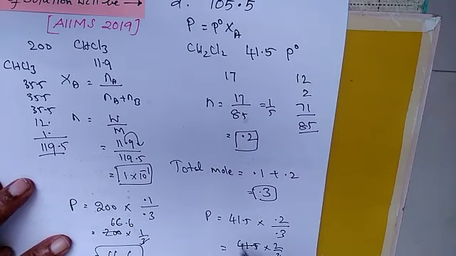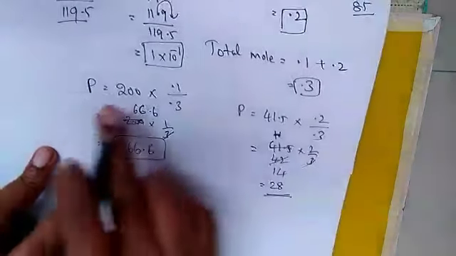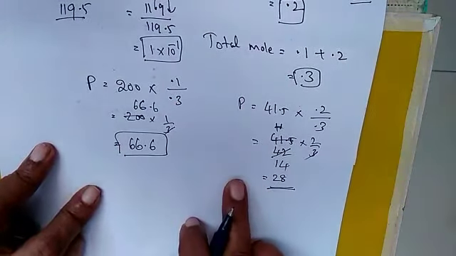On cancelling, I am going to take 41.5 as 42. On division by 3, we get 14, and 14 into 2 gives 28. Now you can see, children, this is for your chloroform and this is for CH2Cl2.